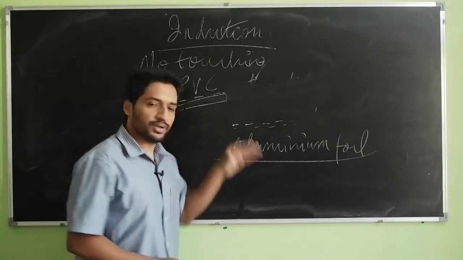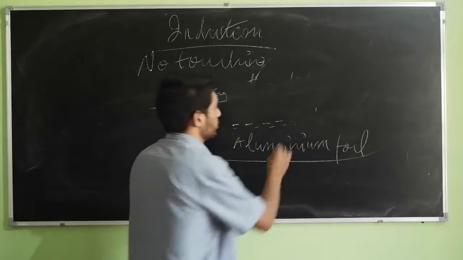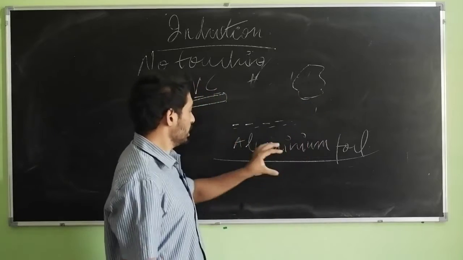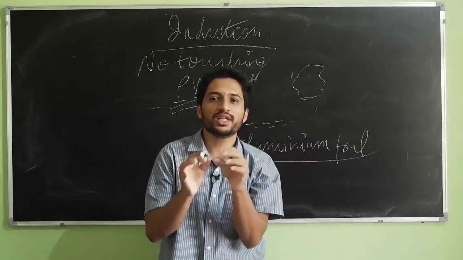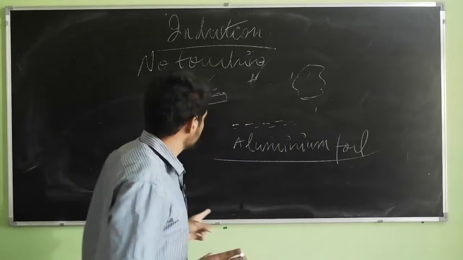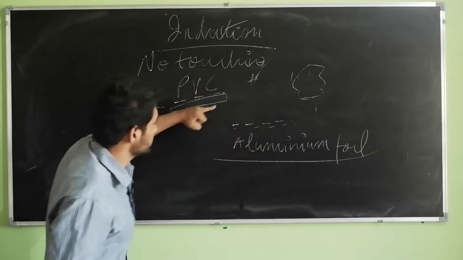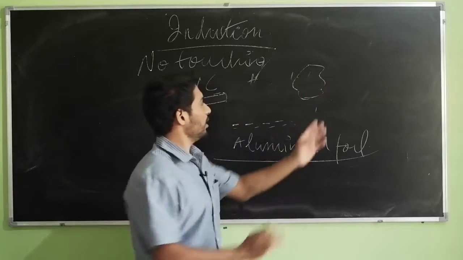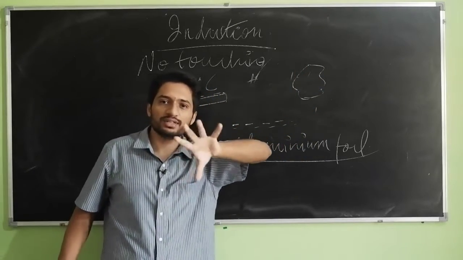Now when I bring the PVC near the aluminium foils, let me draw a bigger structure, an enlarged version of the aluminium foil. Initially the aluminium foil is neutral. There are no charges. When I bring PVC near it, because the PVC is negatively charged, the negative charges on it, the free electrons, are affected. Aluminium has free electrons, it is a metal.